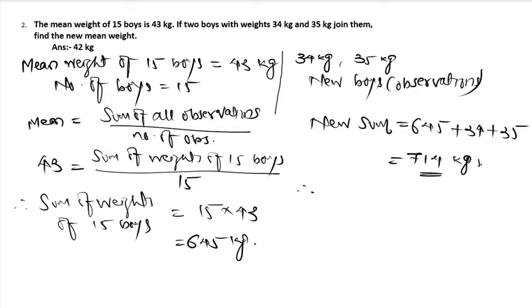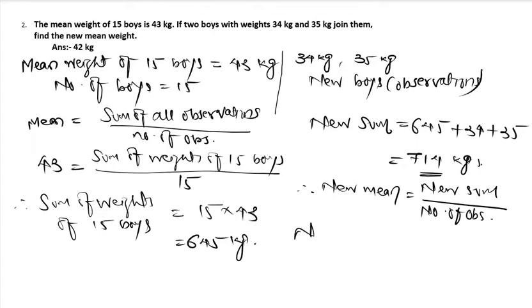So what will be the new mean weight? New mean is equal to new sum upon number of observations. We don't know what is the new mean, right? So new mean is equal to new sum, which is 714, divided by number of observations. See, now earlier there were 15 boys and two new boys joined.